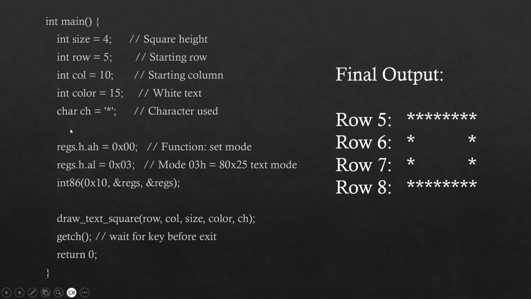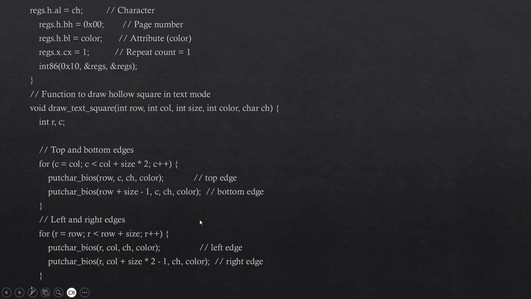After this the display will get divided into rows and columns as in text mode. Then we'll call the draw text square function, passing these values: 5, 10, size 4, color white and character asterisk.